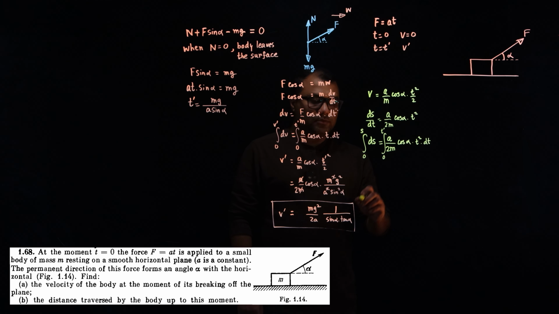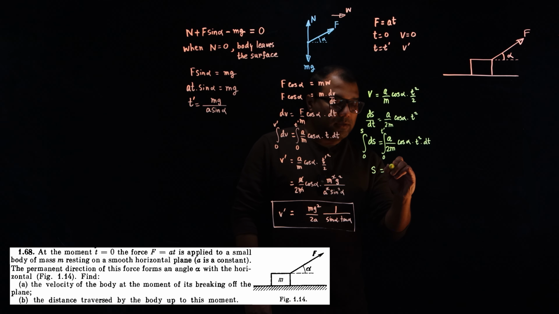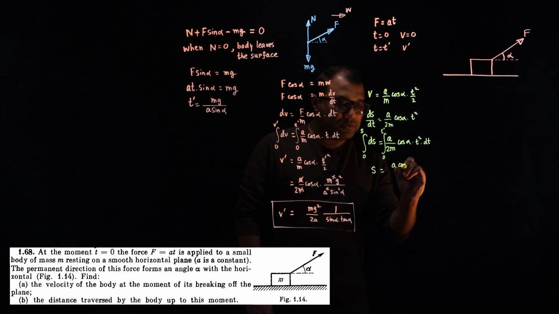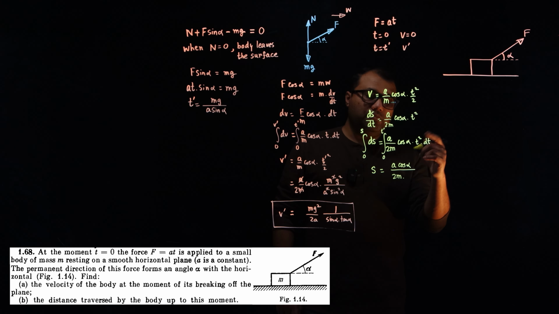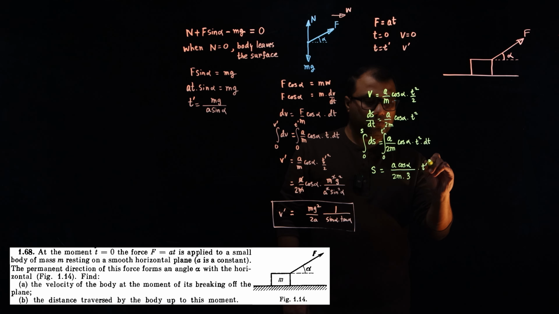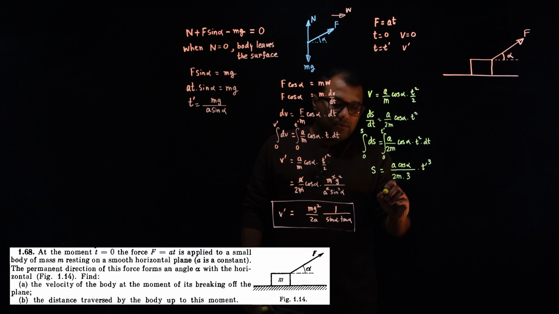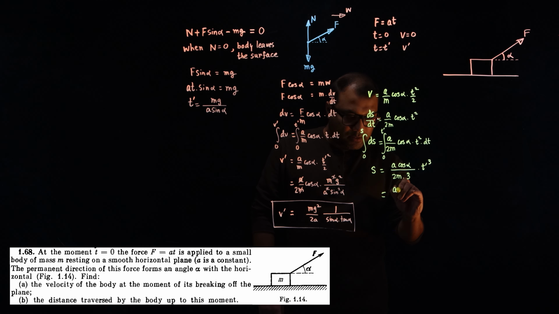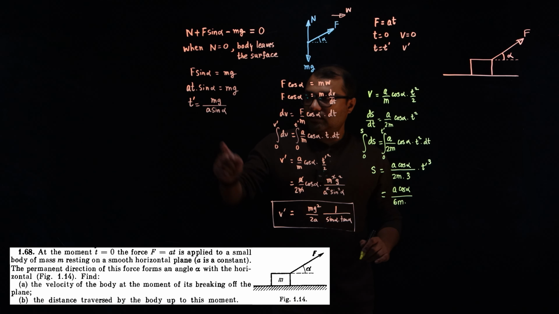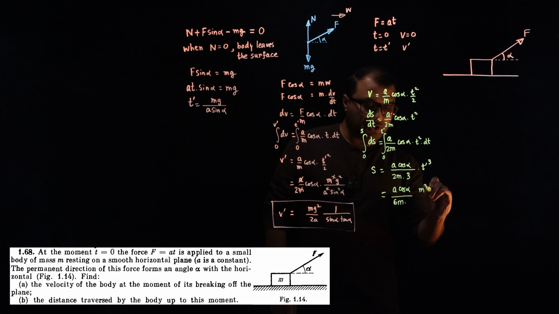So the total distance covered is A cos alpha by 2m times t cube by 3, so t dashed cube. If we simplify, we can write this as A cos alpha by 6m. Now t dashed cube is m cube g cube by A cube sine cube alpha.